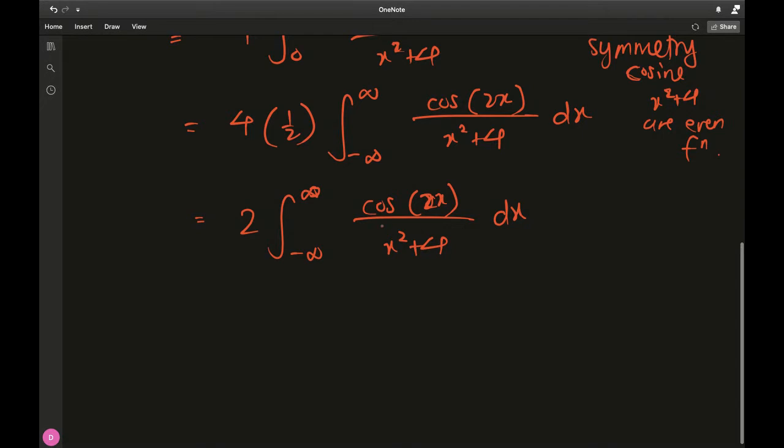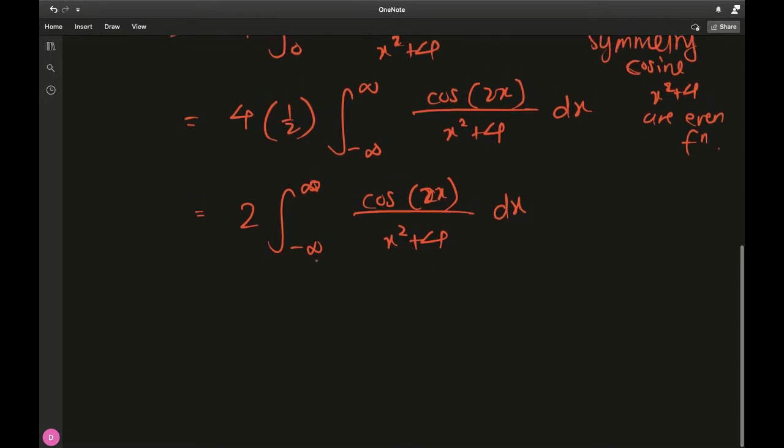And another great thing of using symmetry was we got our integral from minus infinity to infinity. And if you have good intuition, you may notice that these bounds from negative infinity to positive infinity are excellent for using complex analysis or contour integration.